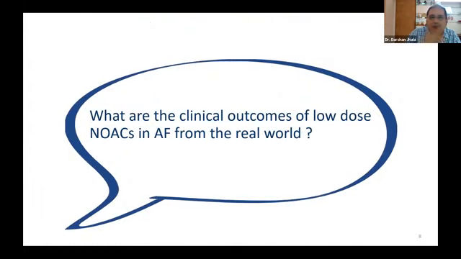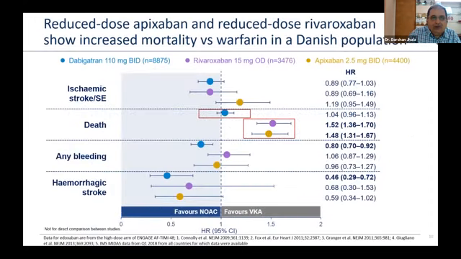And so what does the clinical outcome of reducing the dose happen? When you reduce the dose, the efficacy goes down. Of course, the bleeding becomes a little less, but death and strokes and ischemic episodes are now increasing when you reduce the dose.